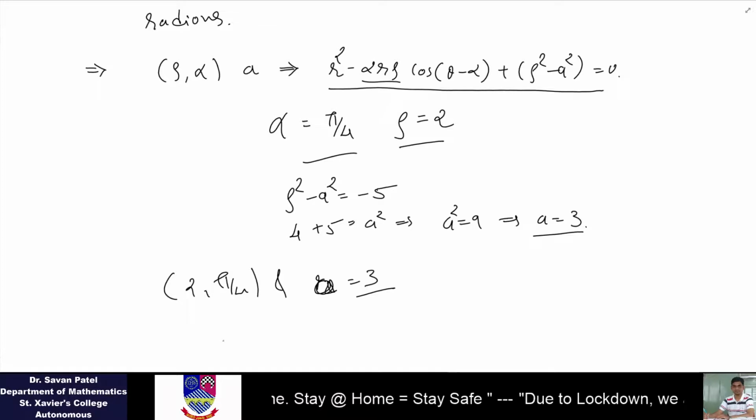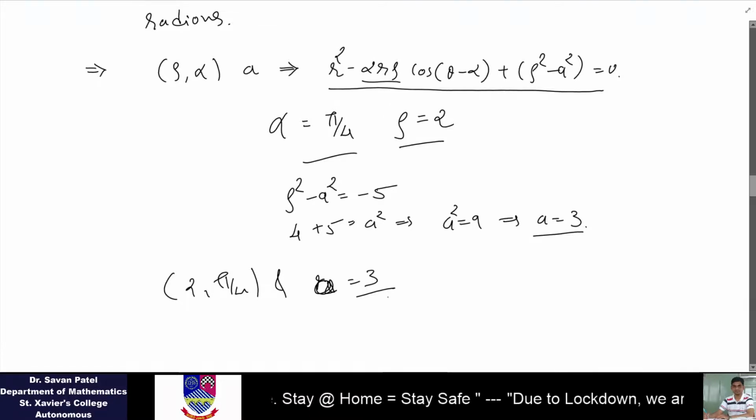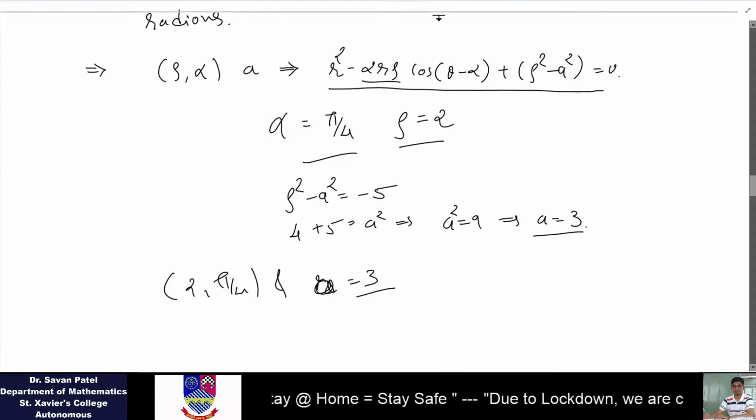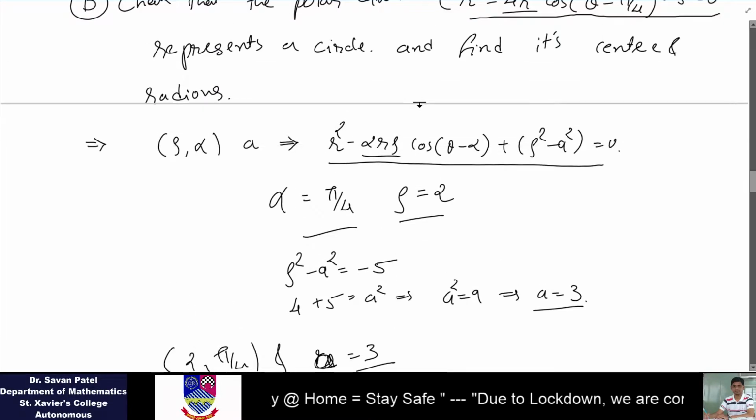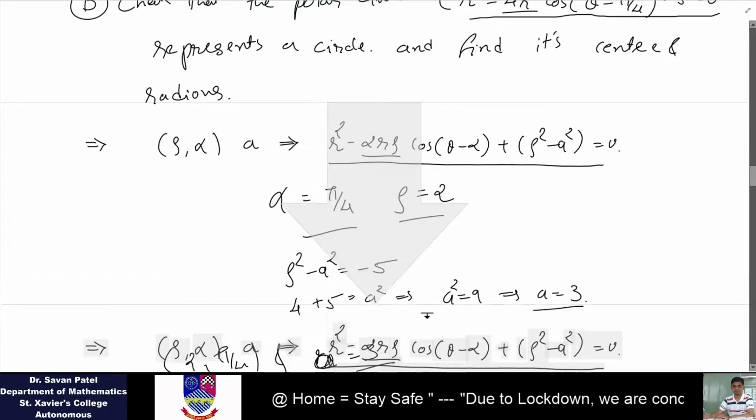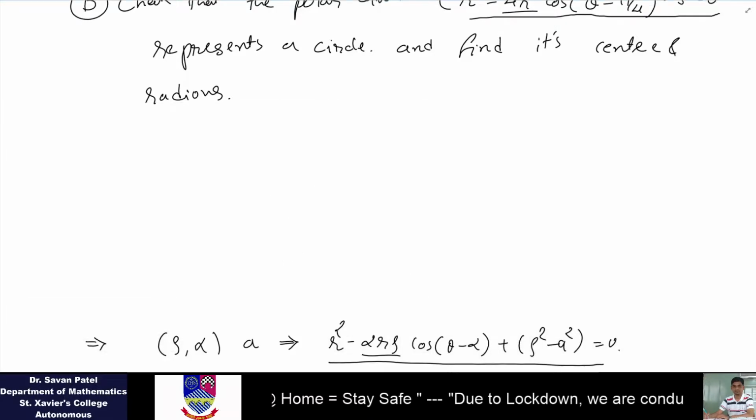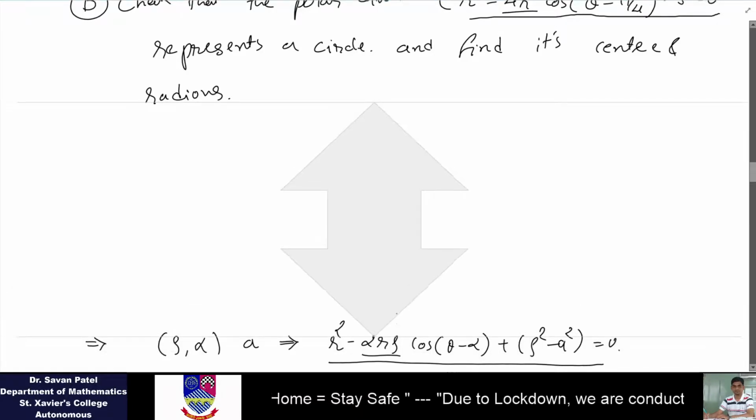If you are not satisfied with this method, then you can continue as the previous thing you have done. Okay, let me do it that way also, so you can recollect what we have done.